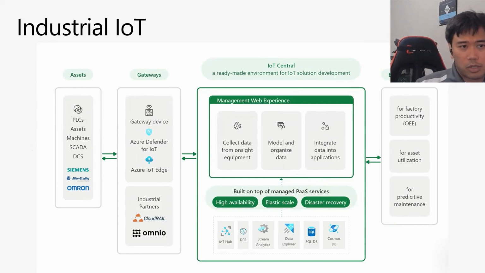You're not just limited to what you can do with IoT Central. If you have devices that have different communication, you can have a gateway that talks to those assets, like SCADA machines. Then you can go through the gateway to communicate to IoT Central, and get some business insights from there.